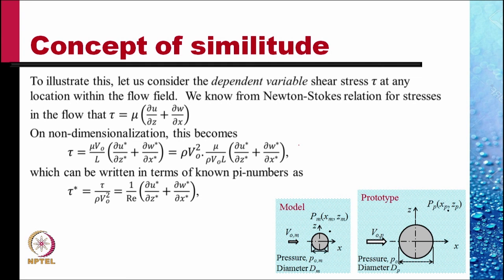On non-dimensionalization, this becomes tau equal to mu V naught by L into del u star by del z star plus del w star by del x star. Or we can simplify this to say tau star is equal to tau by rho V naught square. This non-dimensionalized shear stress is equal to 1 over Reynolds number into del u star by del z star plus del w star by del x star.